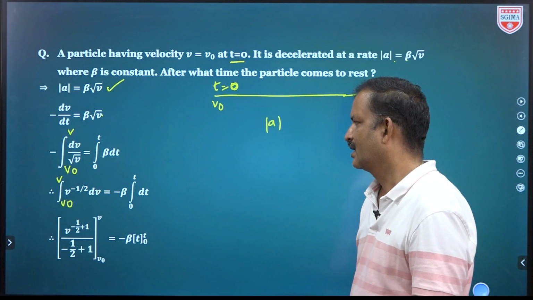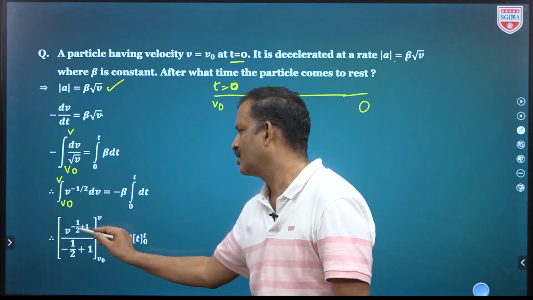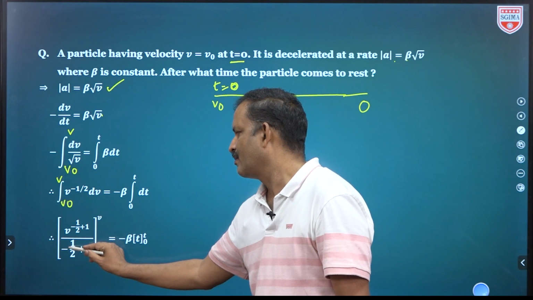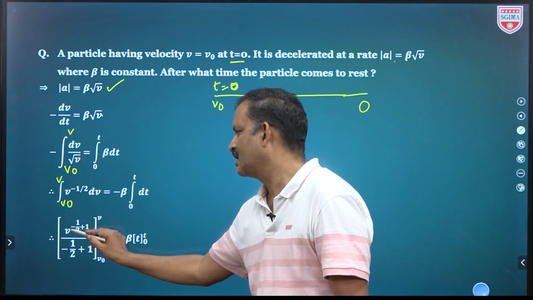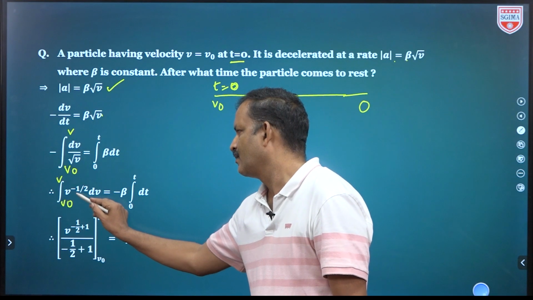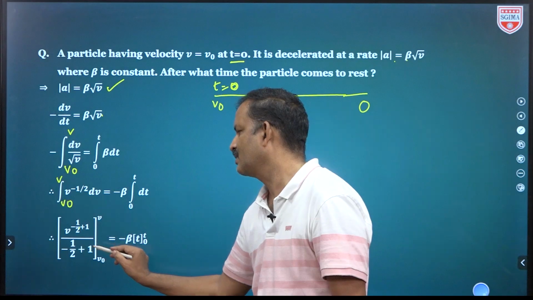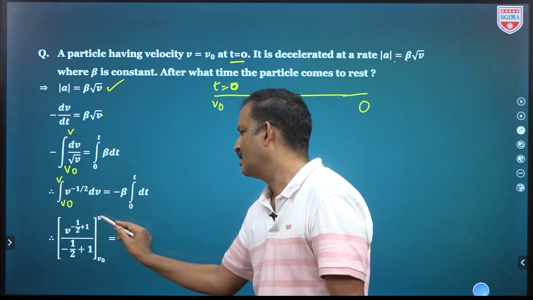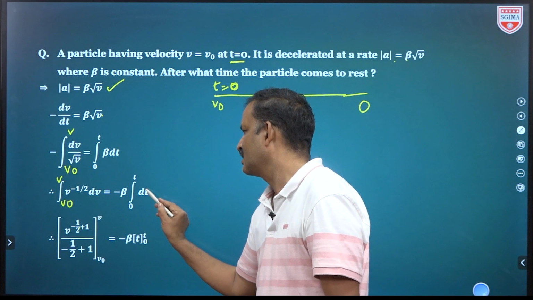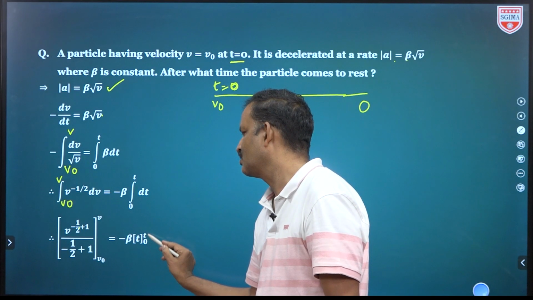Integration: v power minus 1 by 2 plus 1, using x power n plus 1 by n plus 1. Limits v0 to v is equal to minus beta integral of dt from 0 to t.